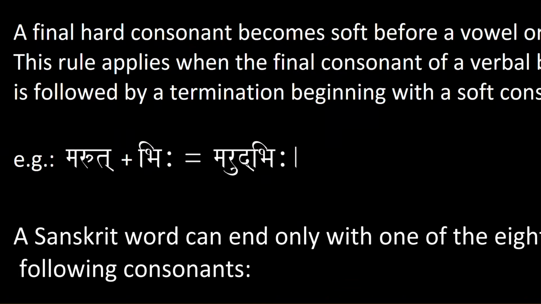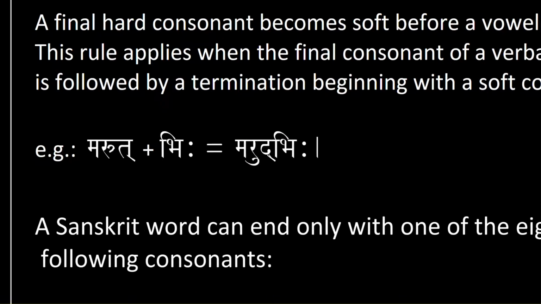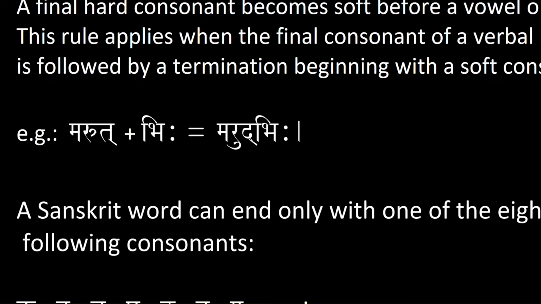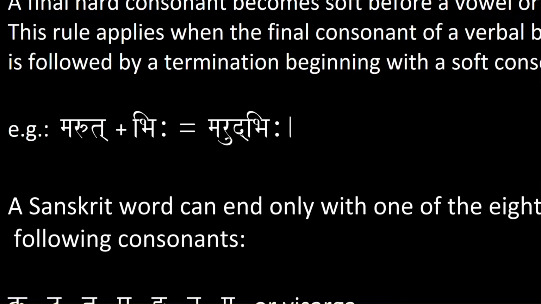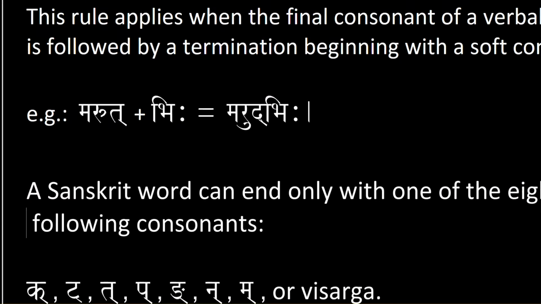And then another change that we saw is that a final hard consonant becomes soft before a vowel or a soft consonant. This rule applies when the final consonant of a verbal base or a nominal stem is followed by a termination beginning with a soft consonant, except a semi-vowel. So here we were seeing marut and bhihi.